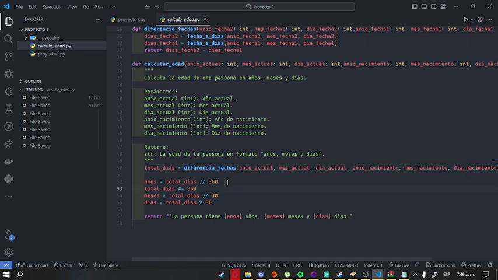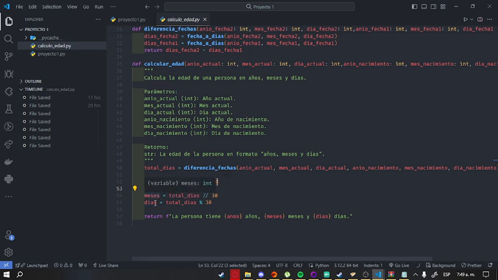And well, later on, to calculate the years, we basically took this and make an integer division by 360, and later on we calculate the modulo, or the rest of this division, of the total of days with modulo 360 to know the actual quantity of days.